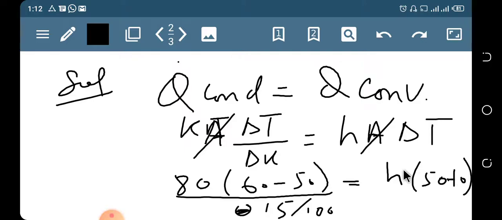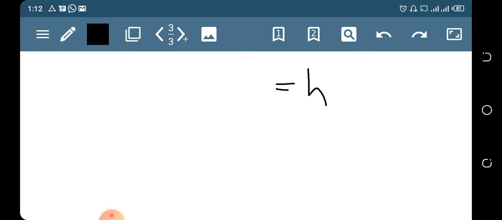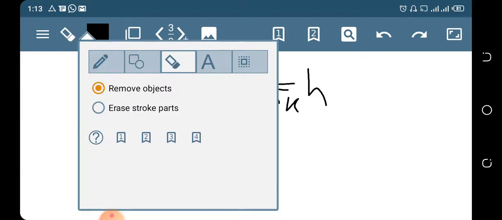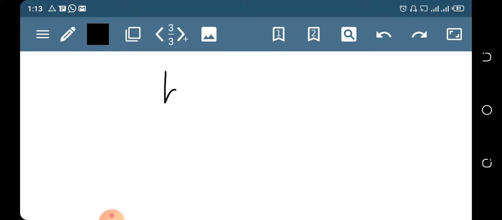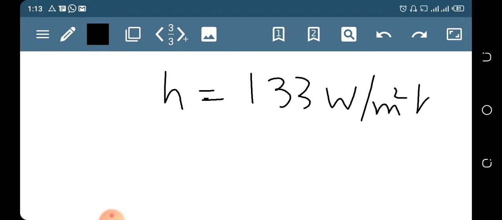Okay, so by solving this we get the value of H equal to 133 watt per meter square Kelvin.